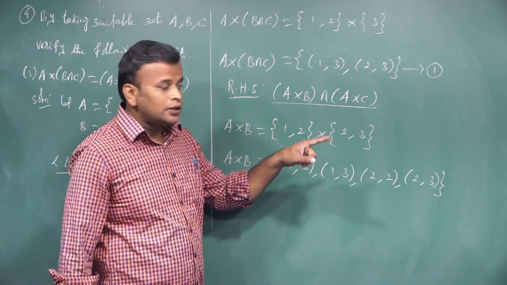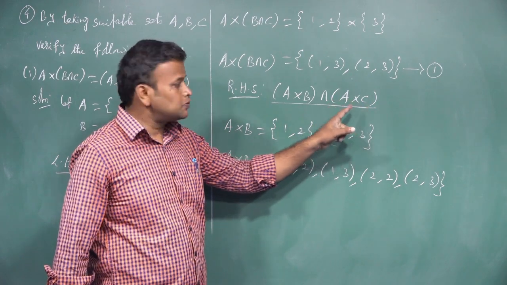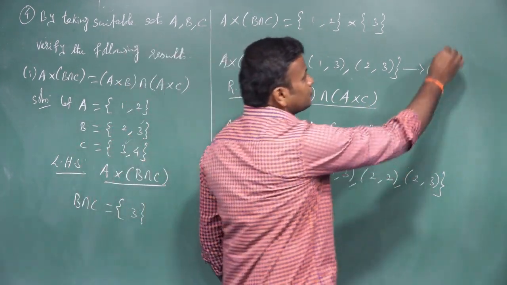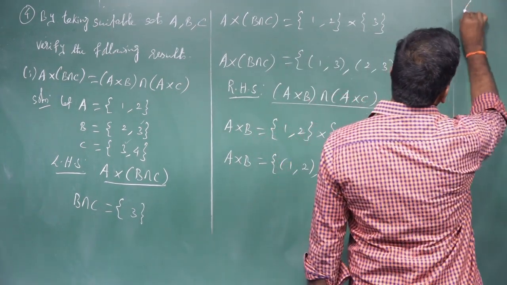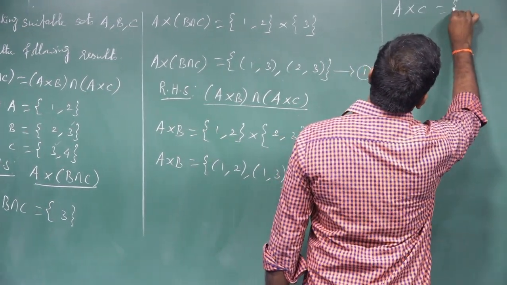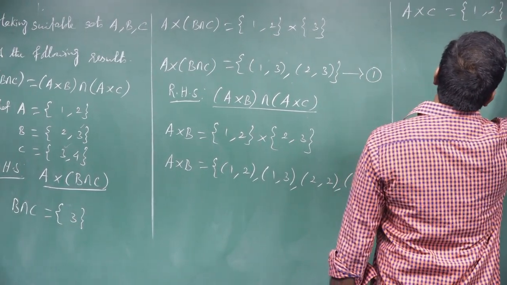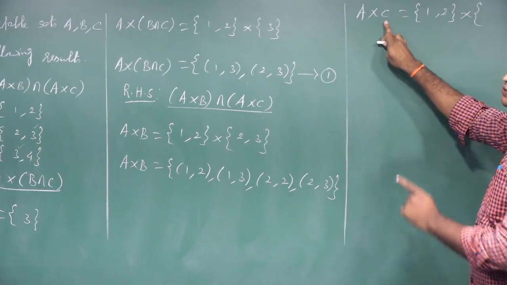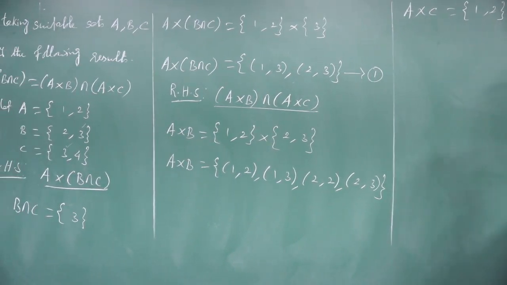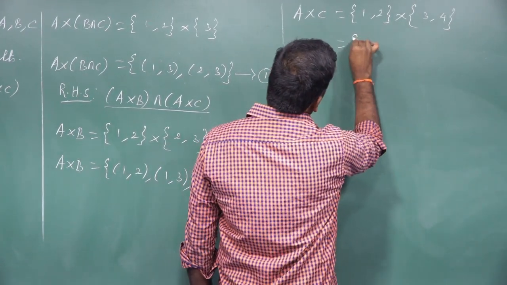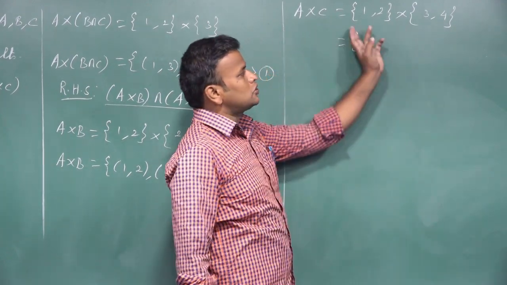Next we find A cross C, because we need the intersection of these two sets. Again, the value of A is {1, 2}, cross the value of C, which is {3, 4}. Now we write the Cartesian product of these two sets.